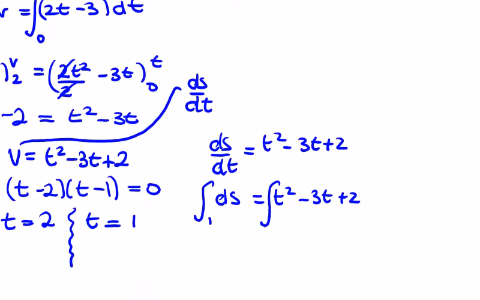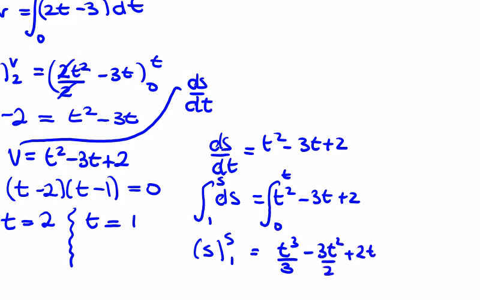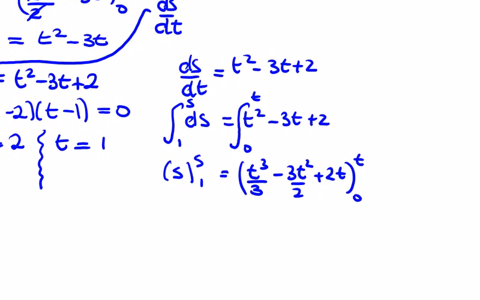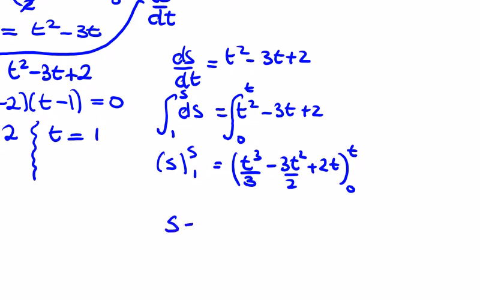So we're going to get s between s and 1 equal to t cubed over 3 minus 3t squared over 2 plus 2t between t and 0. So we're going to get displacement s minus 1 is equal to t cubed over 3.